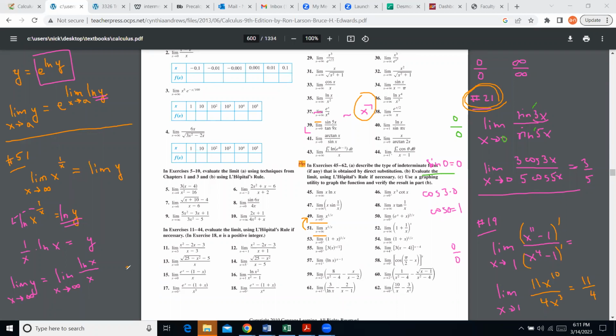Denominator is clearly infinity, and ln of x when x approaches infinity is also infinity. So here's the spot where I apply L'Hopital's rule and end up with a nicer function in my limit. So I'm going to have 1 over x on the top and 1 on the bottom.